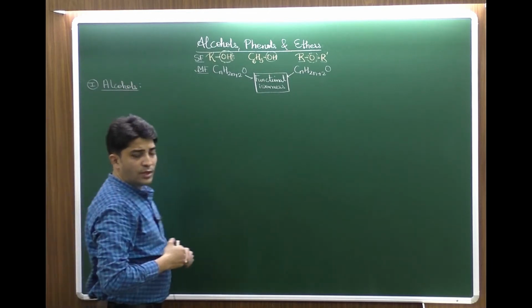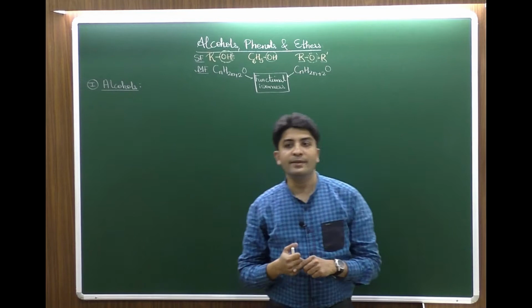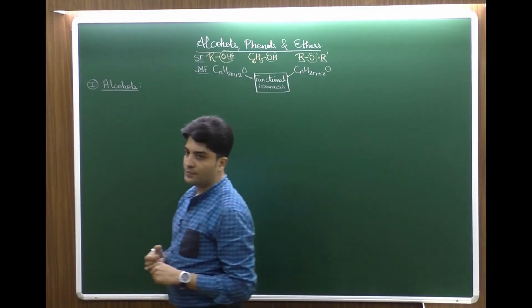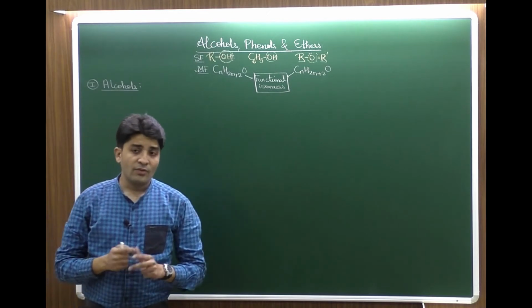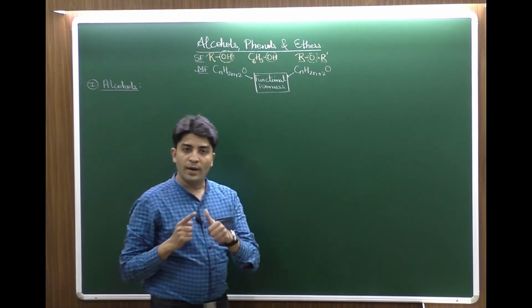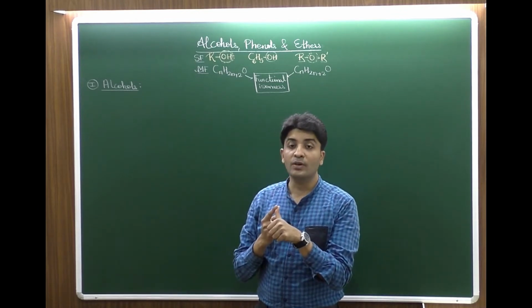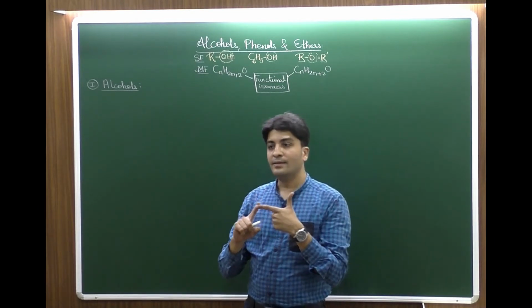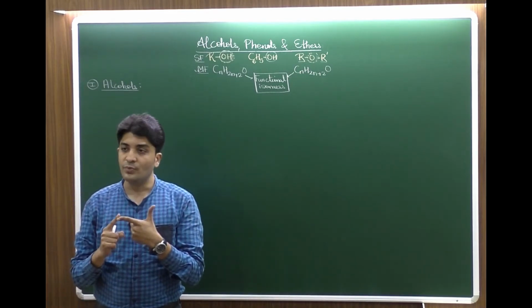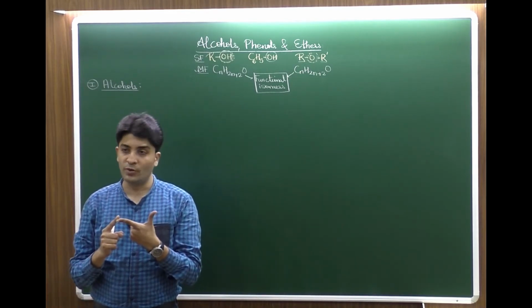Now, the introduction to alcohol is similar to what we have already discussed in haloalkanes and haloarenes, that is the classification. The classification of halo compounds was done in two ways. One, on the basis of the number of halogen atoms, and second, on the basis of hybridization of the carbon to which the halogen was bonded.